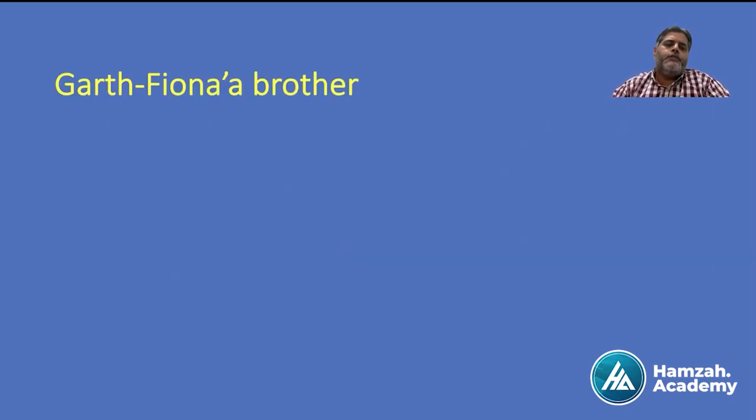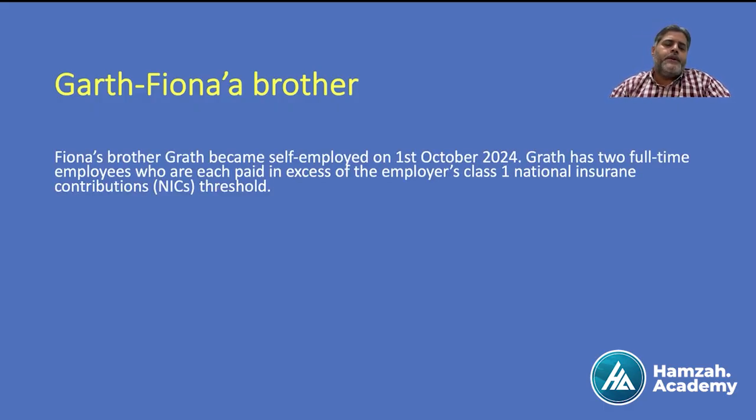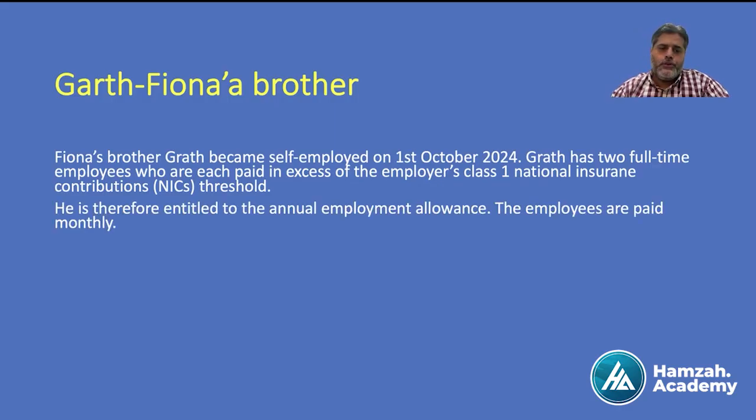Now, moving ahead, let's talk about Garth. This is Fiona's brother. Fiona's brother Garth became self-employed on 1st October 2024. Garth has two full-time employees who are each paid in excess of the employer's class 1 national insurance contribution threshold.